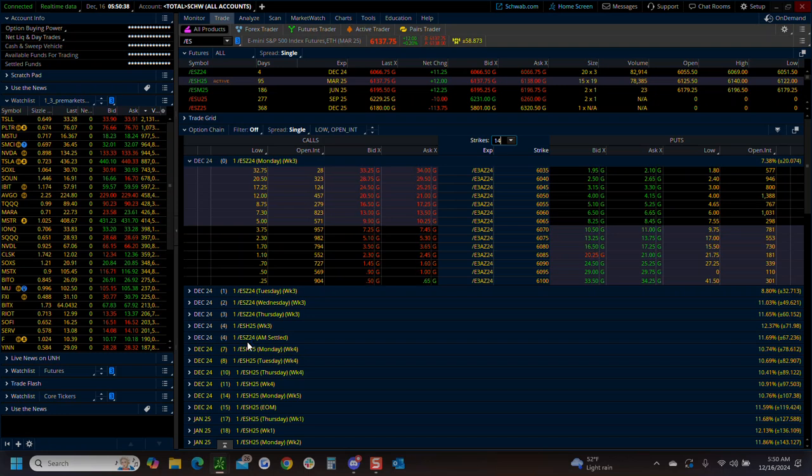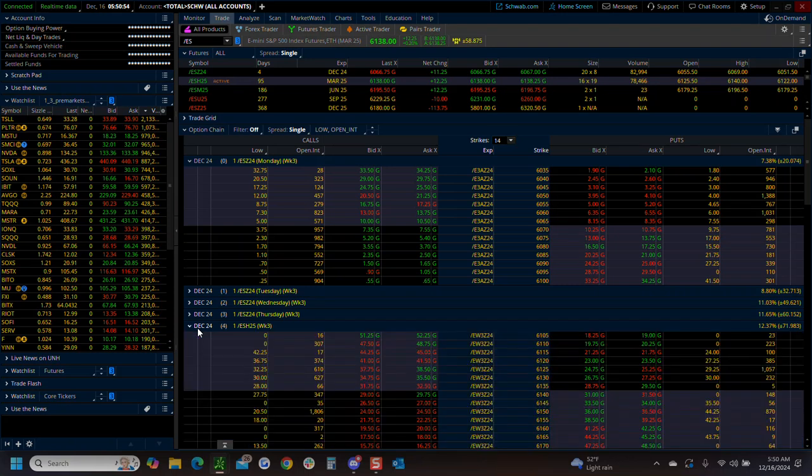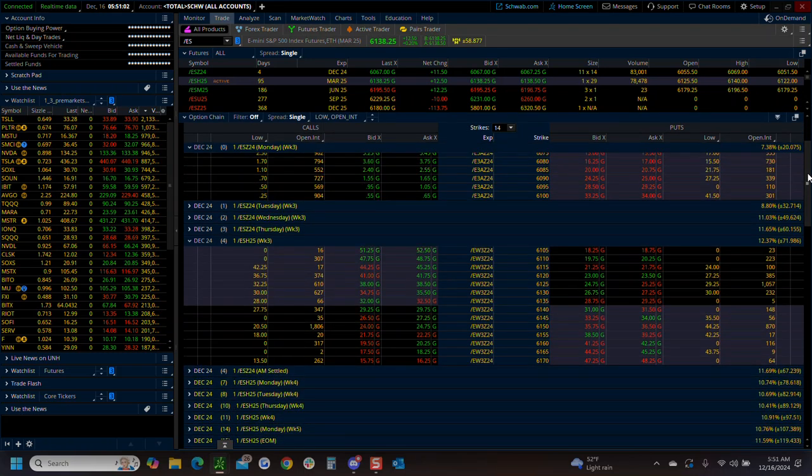So basically, what you're looking at now, since this is automatically switching over, you really need to come down here to the ES25s, H25s right there. You can go right here. Okay. And look for your open interest on those to find out where price might actually rotate to. 6150.